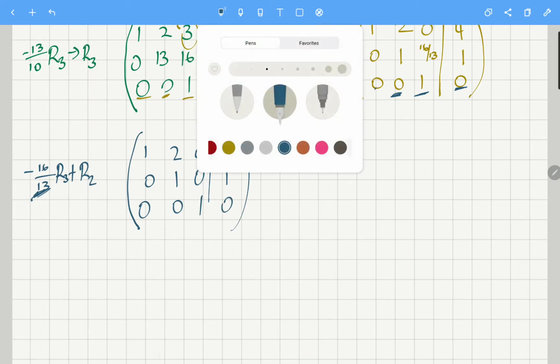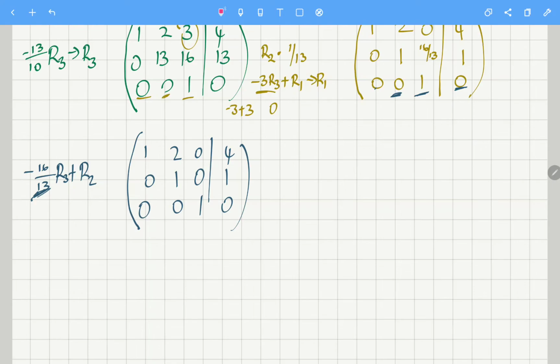Okay, so finalizing everything else, that's going to be minus 2 row 2 plus row 1, that will give me row 1. Minus 2 times 0 is 0, so that stays the same.